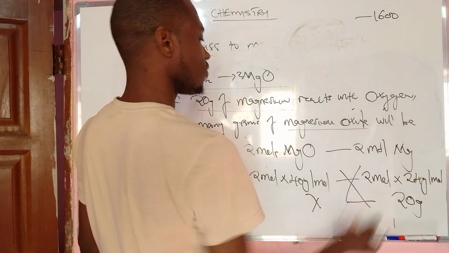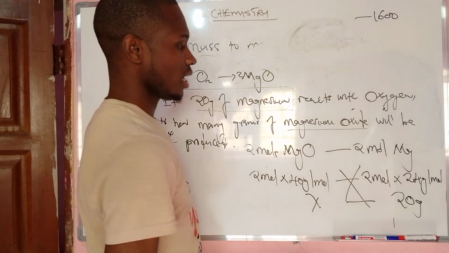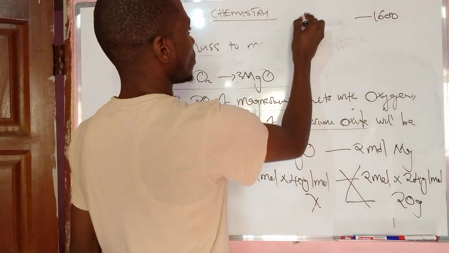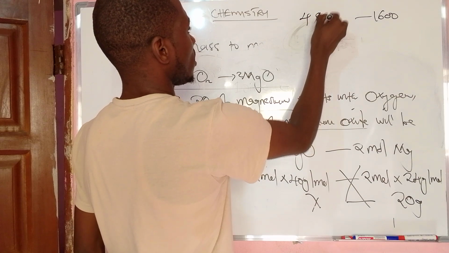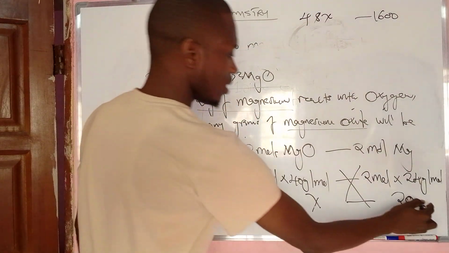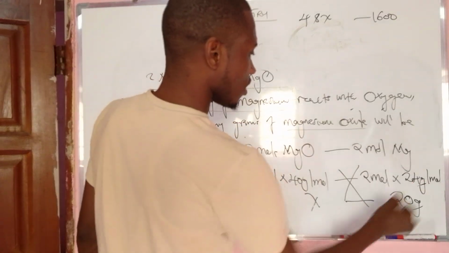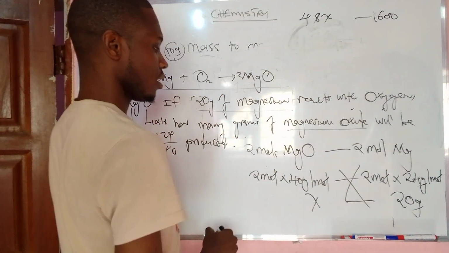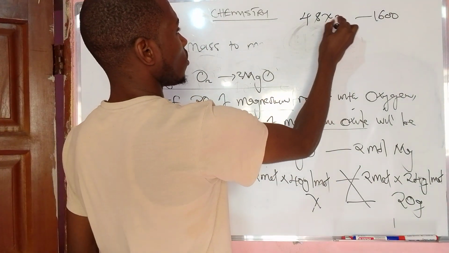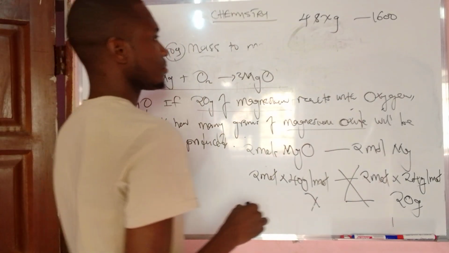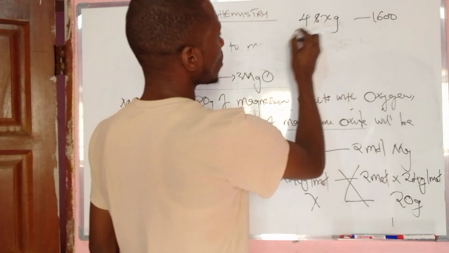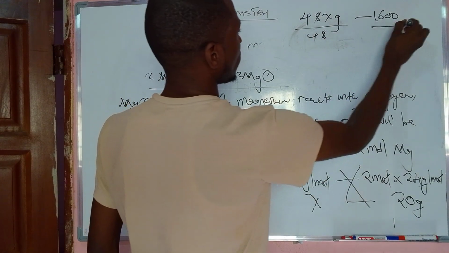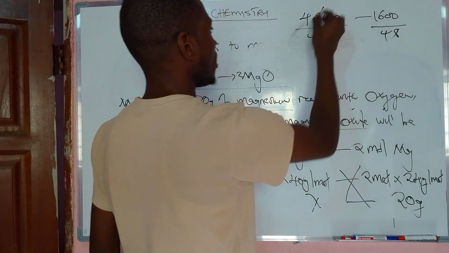So 2 times 24 gives 48, so we have 48x. Remember, the gram and gram have cancelled, and the moles have cancelled, so we put G there. Then you divide by 48, then divide by 48, and you cancel.